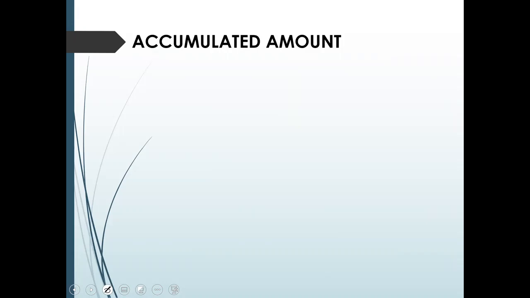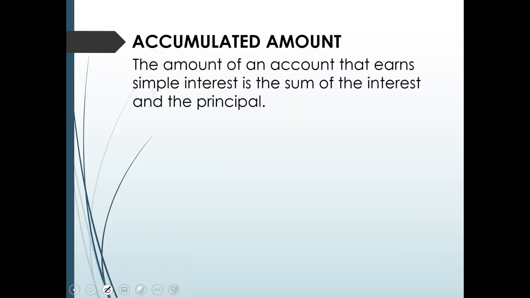The next definition, accumulated amount. What is that accumulated amount? Because you put something in the bank, you will gain the interest, right? So the accumulated amount is the money you have in the beginning plus the interest. It is the amount of money which you will get at the end of the period.